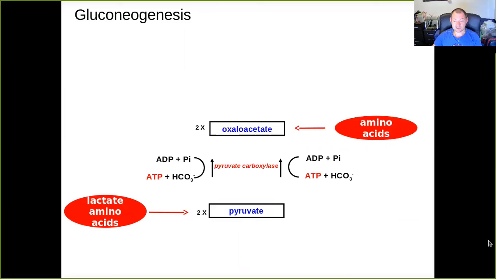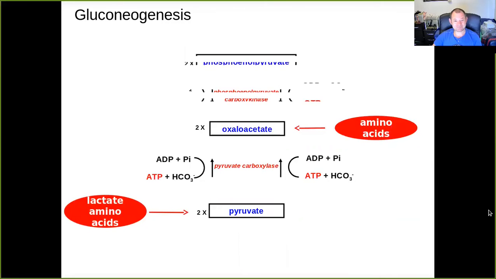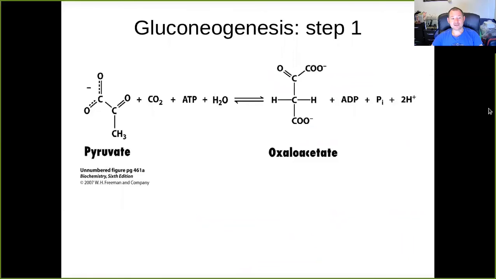So here is where we can enter this process, and also here we can enter this pathway. And this reaction here can go both ways. We can convert this oxaloacetate into phosphoenol pyruvate. Step 1, pyruvate to oxaloacetate.